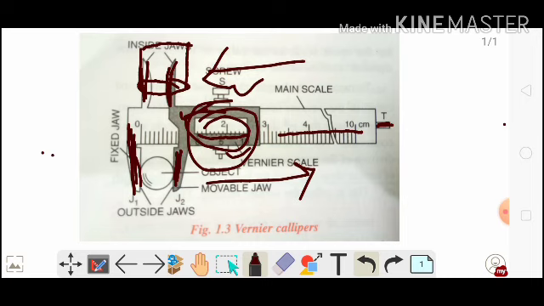So what is the function of this thin rod-like structure marked as T? This is actually used to measure the depth of a hollow cylindrical object, or whatever has been given to you.